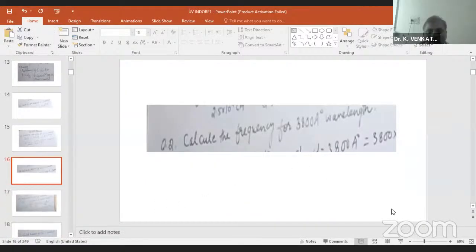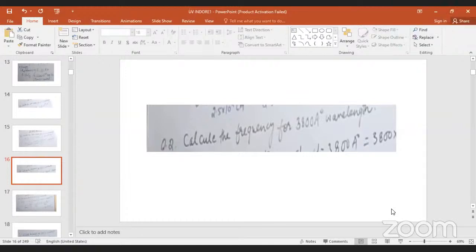Next, calculate the frequency for 3800 Angstrom wavelength. The answer is 3 into 10 to the power 10 divided by 3.8 into 10 to the power minus 5, approximately 1 into 10 to the power 15.